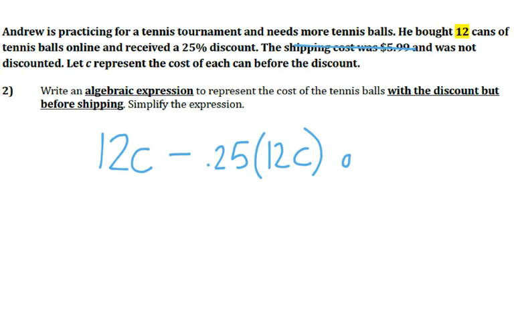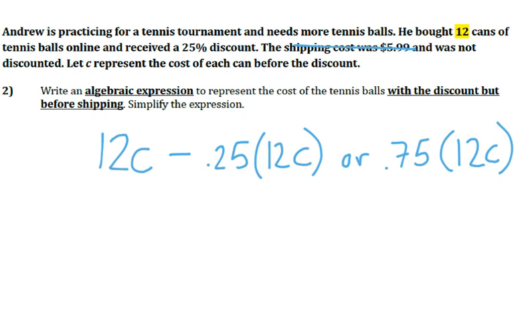Or we could write this as what's remaining. If we discounted 25% of the total cost, we would be paying 75%. We could write it as 75 hundredths times 12C. Either way, we still need to simplify the expression.